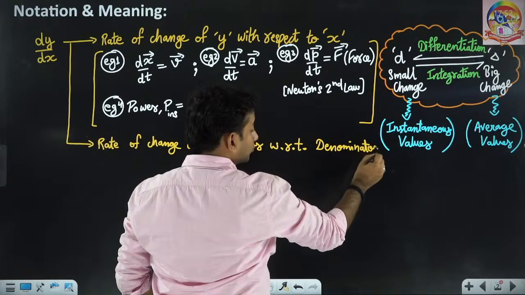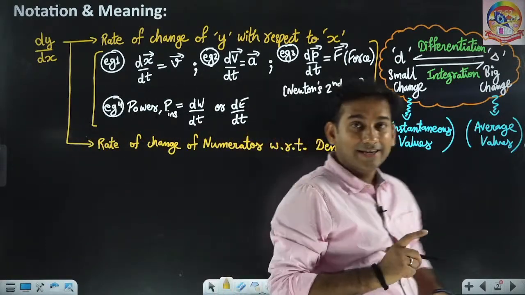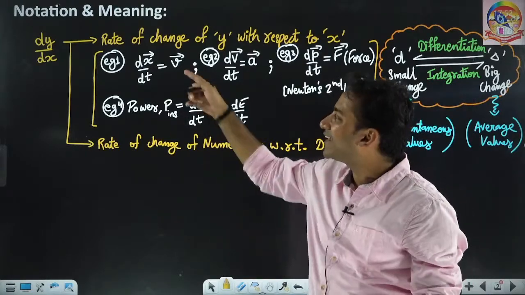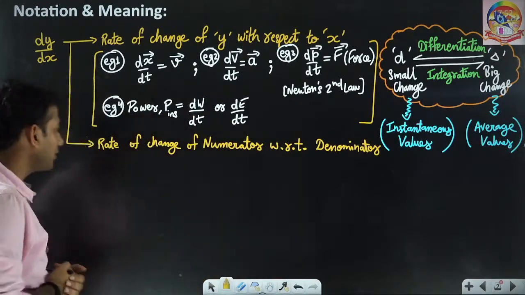Which means you have control over x, and you keep on changing x, and correspondingly y will also keep on changing.